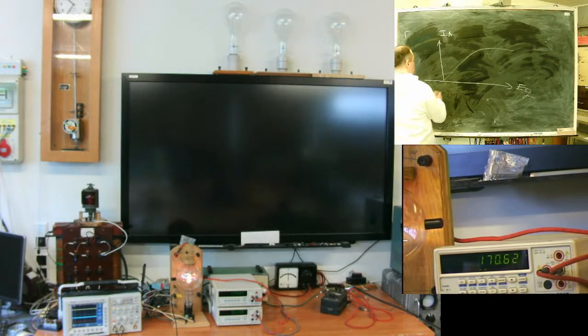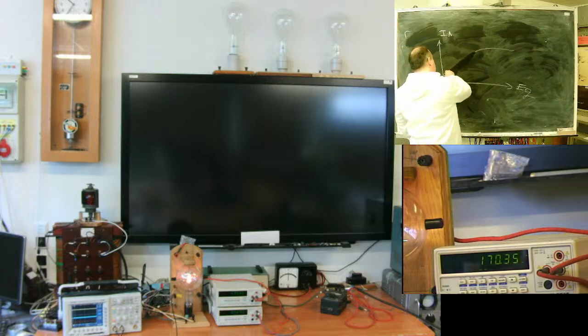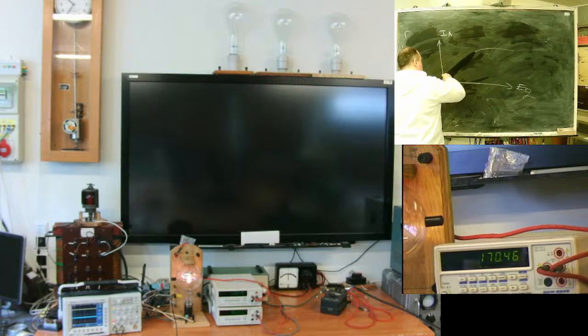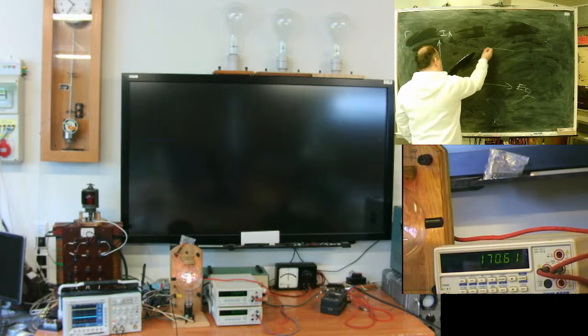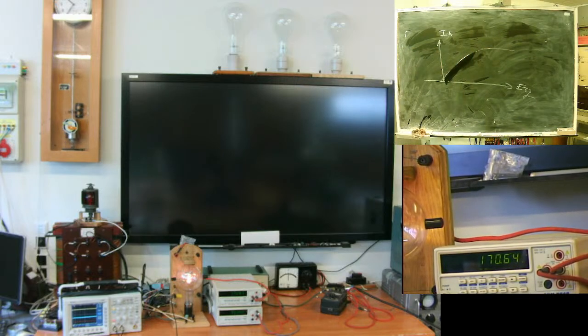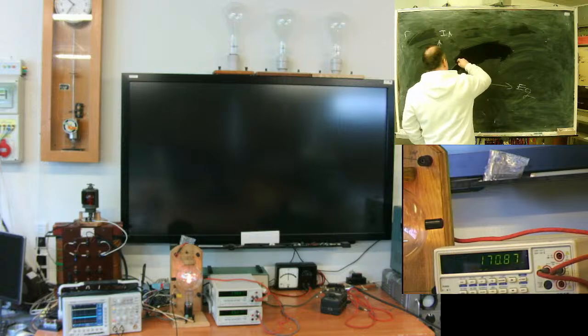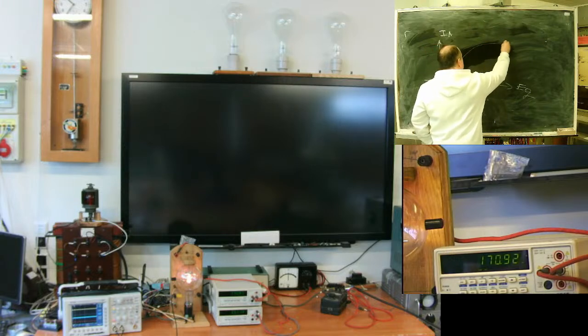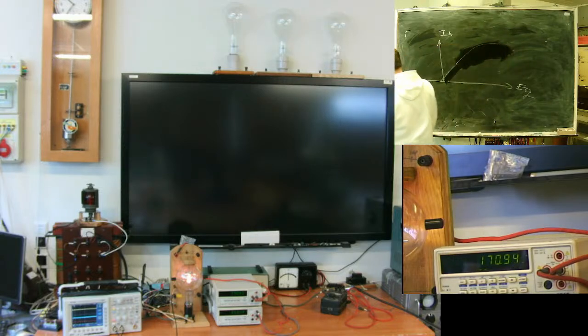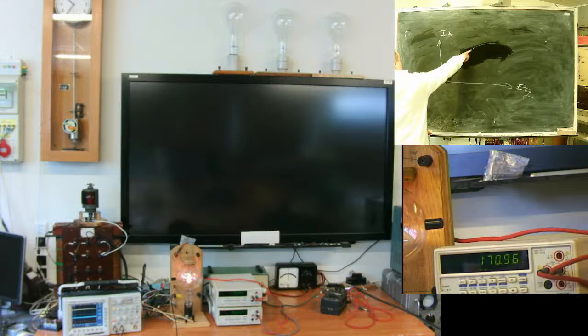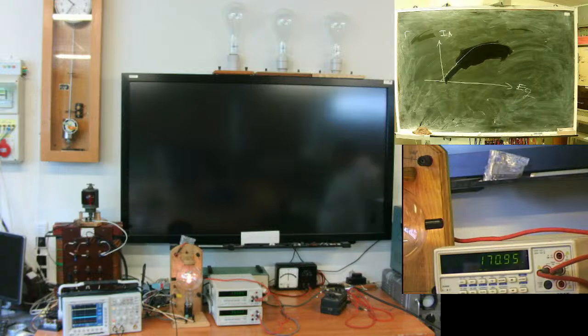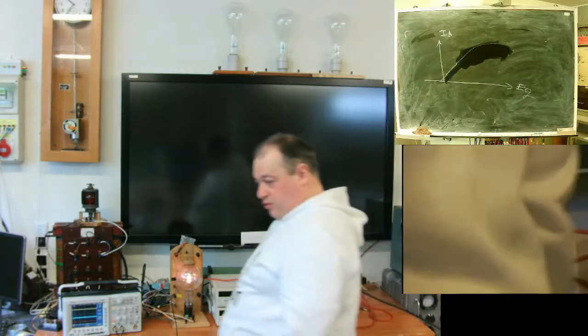So, a bit more correct will be to draw it like this. I have a linear part here in this area. Current is proportional to grid voltage.